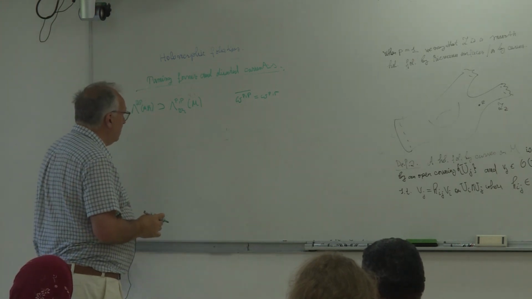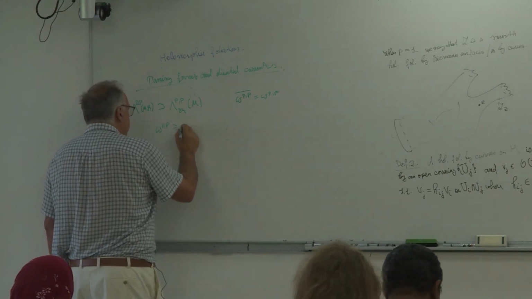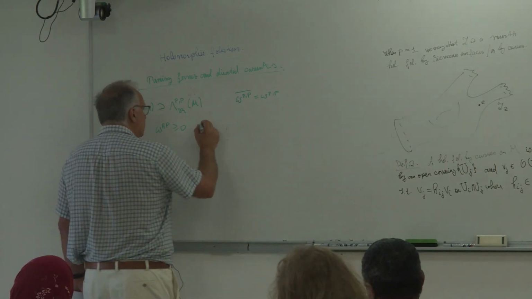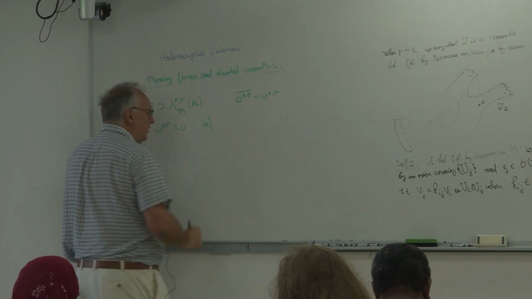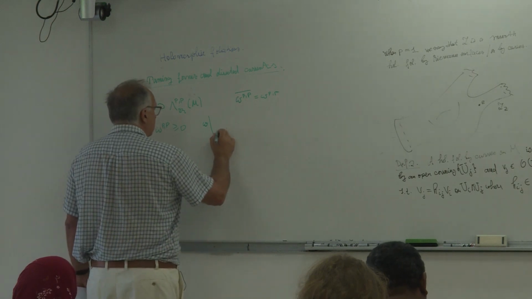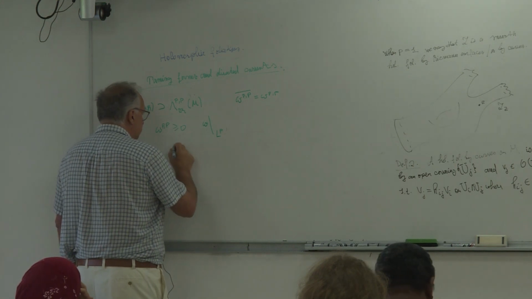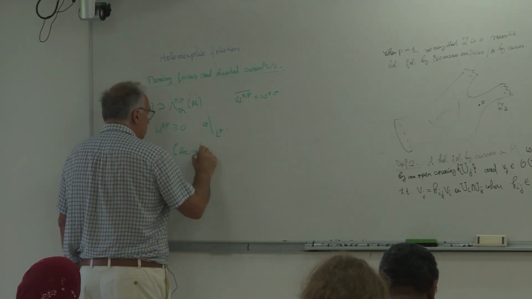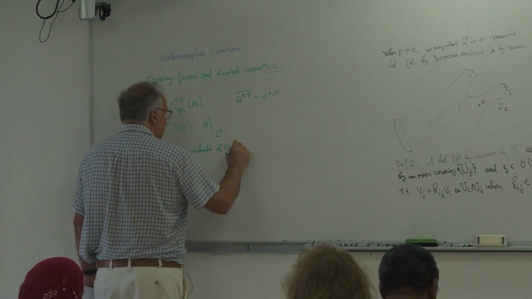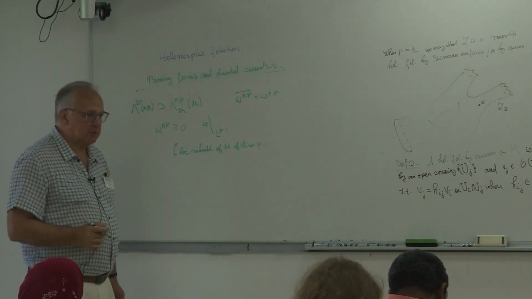Now, such a form is called positive if its restriction to any local submanifold L of dimension p, some piece of a p-dimensional manifold, is positive.